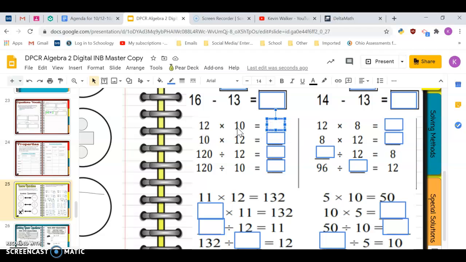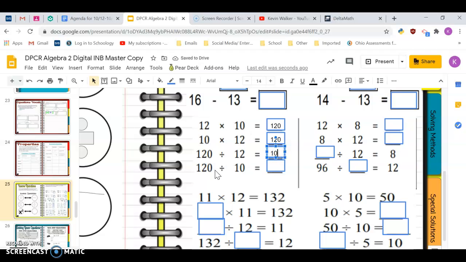Now for this, we have some multiplication involved. This time we have 12 times 10. We know 12 times 10 is 120, and we know that 10 times 12 is the same thing. It's still multiplication, still the same numbers, so we should still get 120. In the reverse, if I do 120 divided by 12, I should get 10, because I'm doing the inverse of what I was doing before.